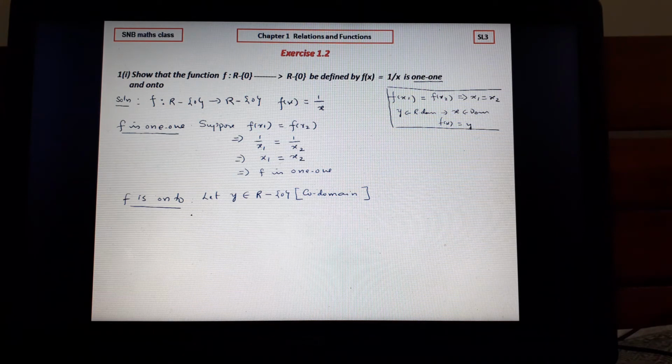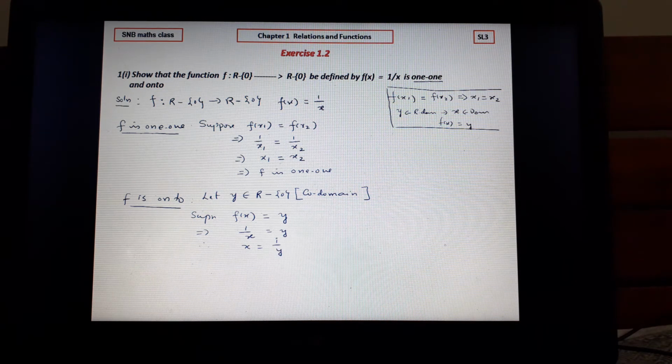Suppose f of x equal to y. So this implies 1 by x equal to y. Therefore x will be equal to 1 by y.